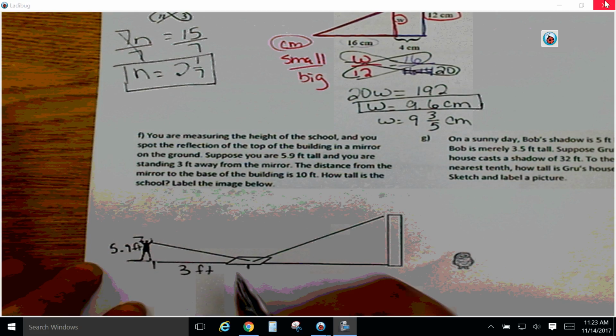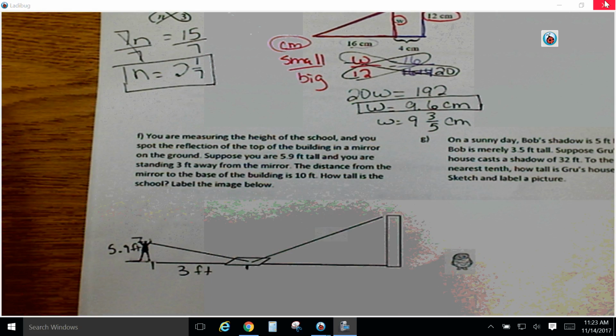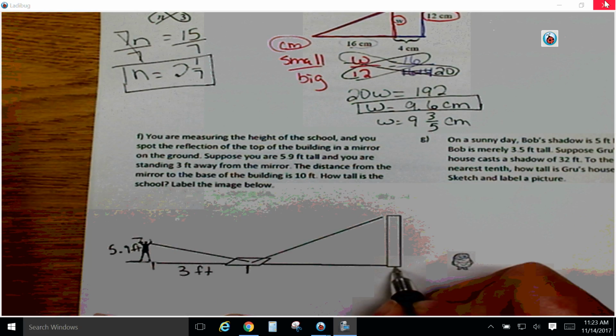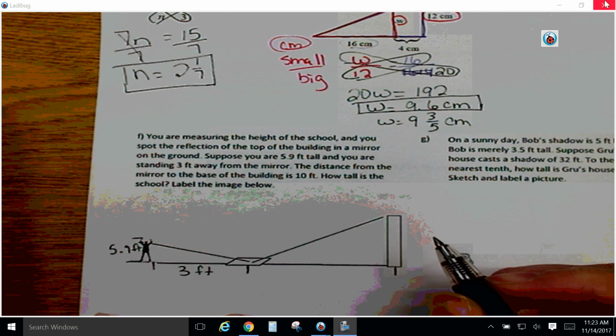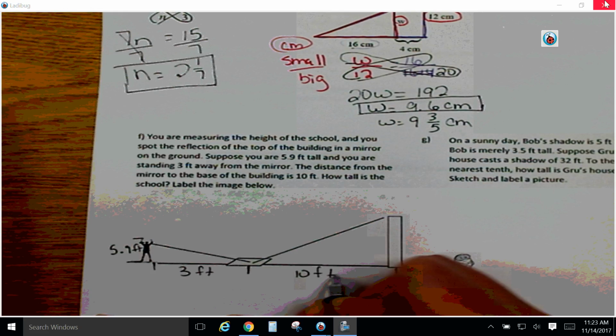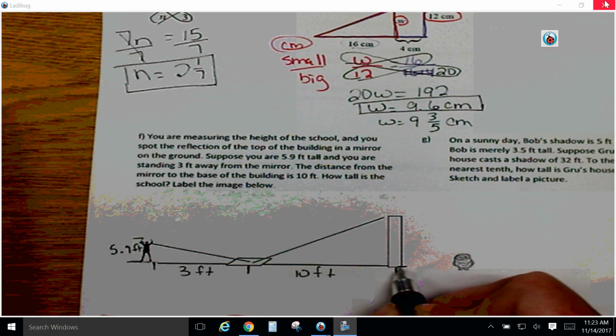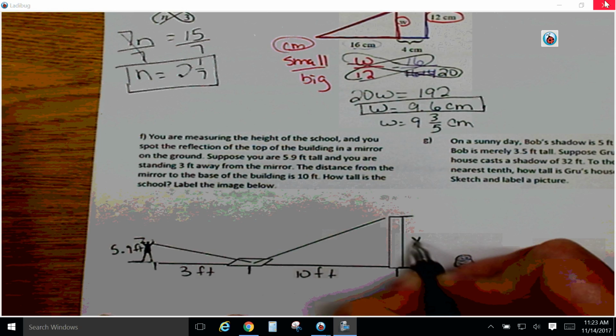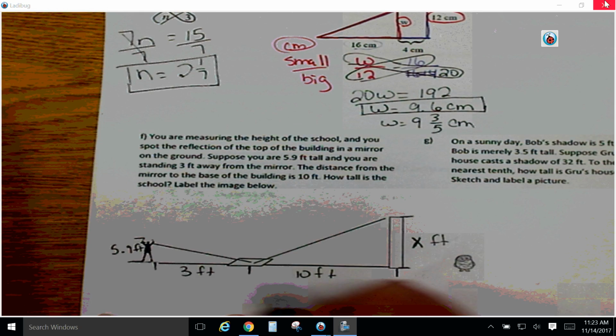You got it? The distance from the mirror to the base of the building, so from here to here, is 10 feet. How tall is the school? So the school is here and here. That is what it's asking, so that's X. And remember, it's going to be X feet because everything else is feet.